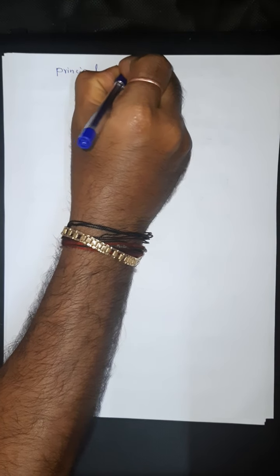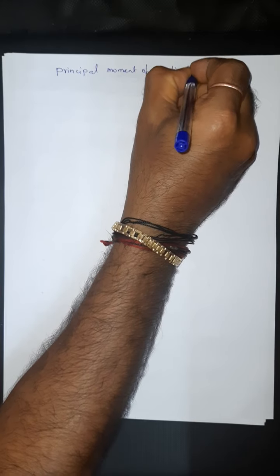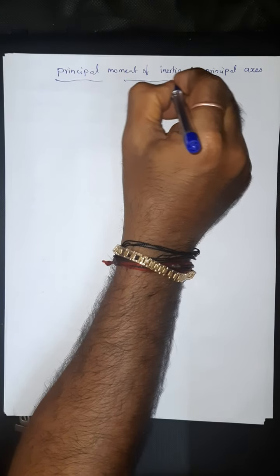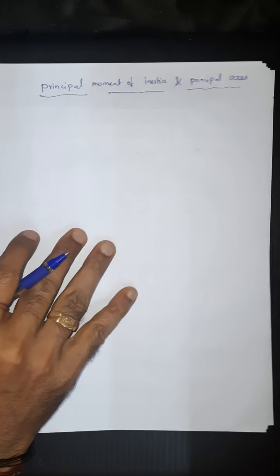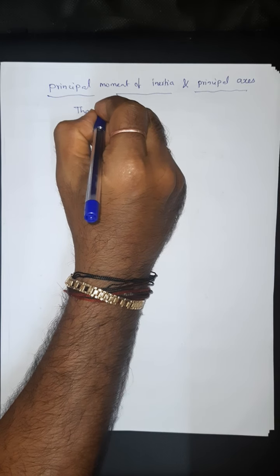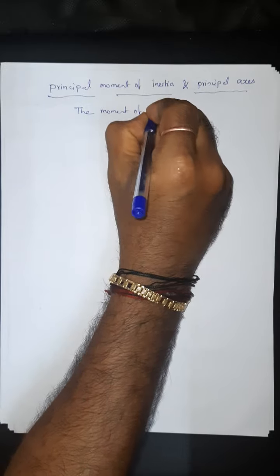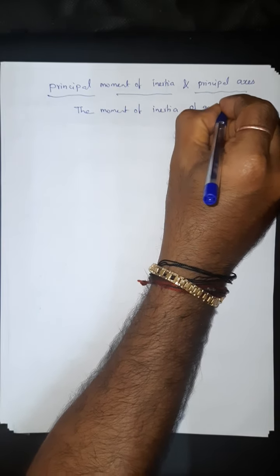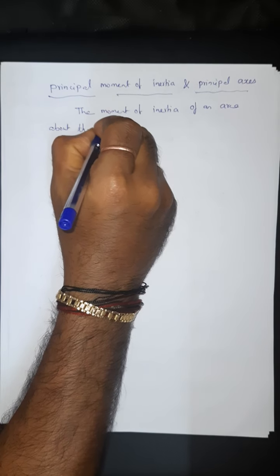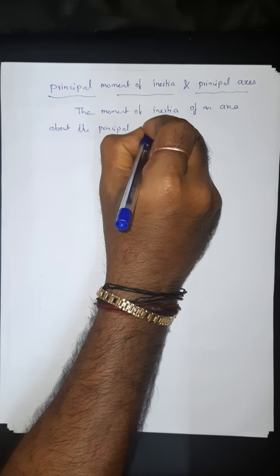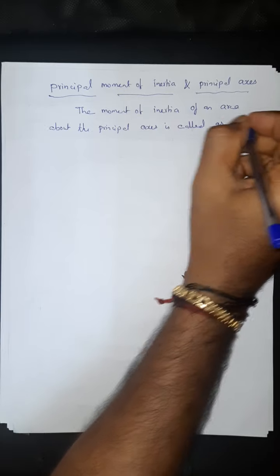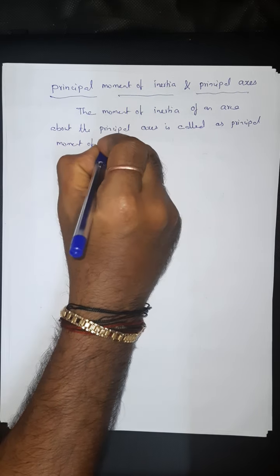Okay, what it says: the definition of principal moment of inertia is that the area moment of inertia of an area about the principal axis is called the principal moment of inertia.